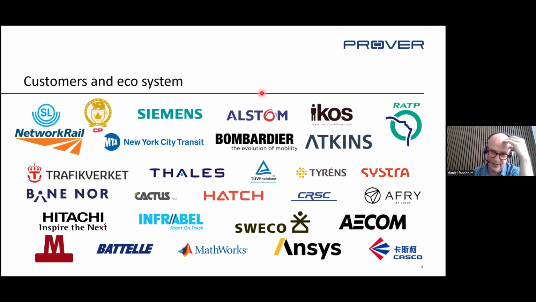But there is a new generation of signaling systems coming in, being used now, which are called CBTC, where the signals are not static physical things like car signals and stuff.